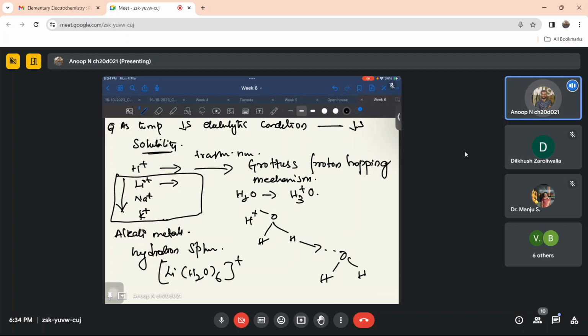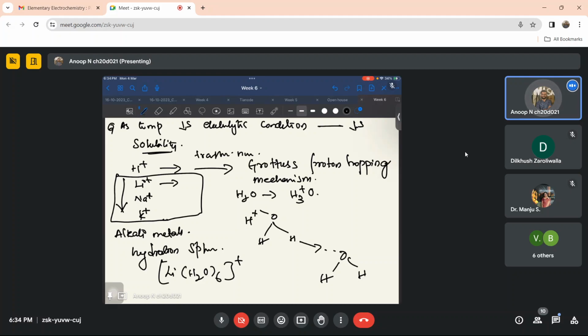You can think of it like this: if you are held by 10 people, it's difficult for you to move, right? If it is by 5 people, you can somehow push them and move. Like that, as the size of the atom increases, the degree of hydration decreases. Hence, the ionic mobility increases.